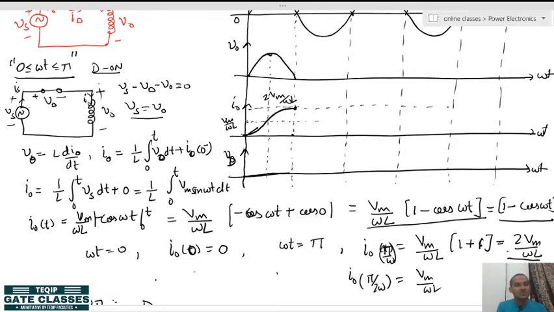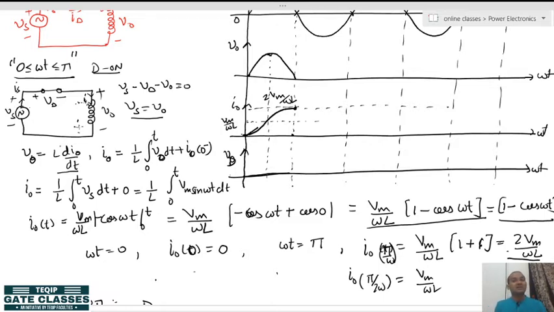But since the inductor does not allow instantaneous change of current, the inductor will also reverse its polarities like this. So its L di/dt will become very high. Because of this high L di/dt, this diode will forcefully have to remain turned on.